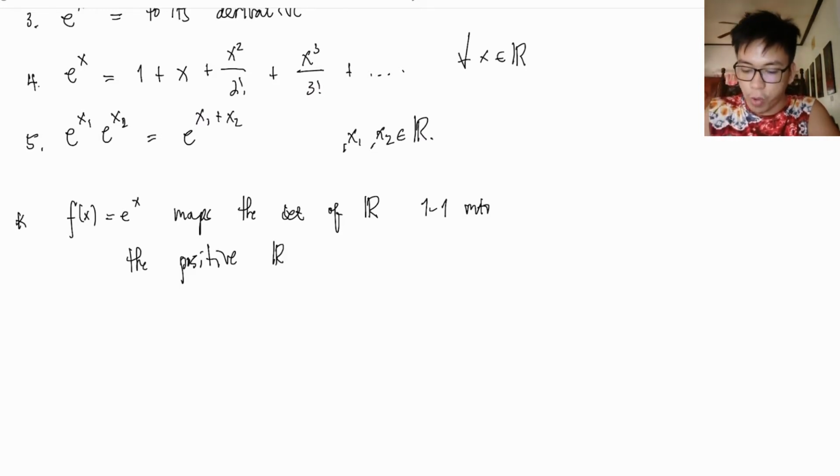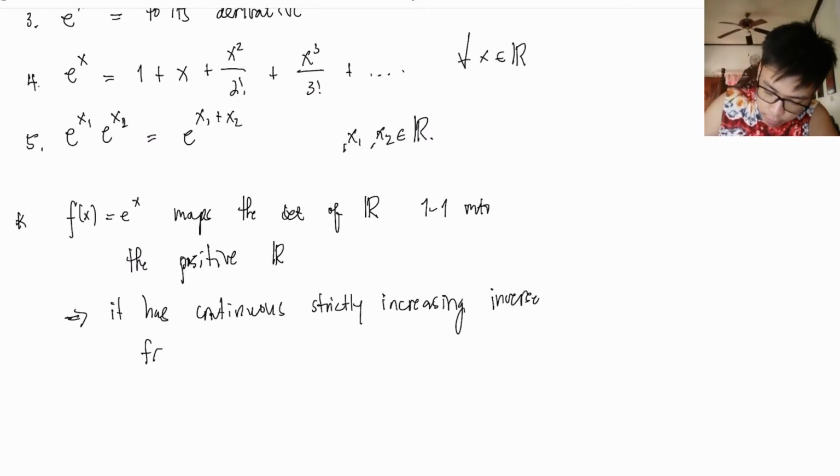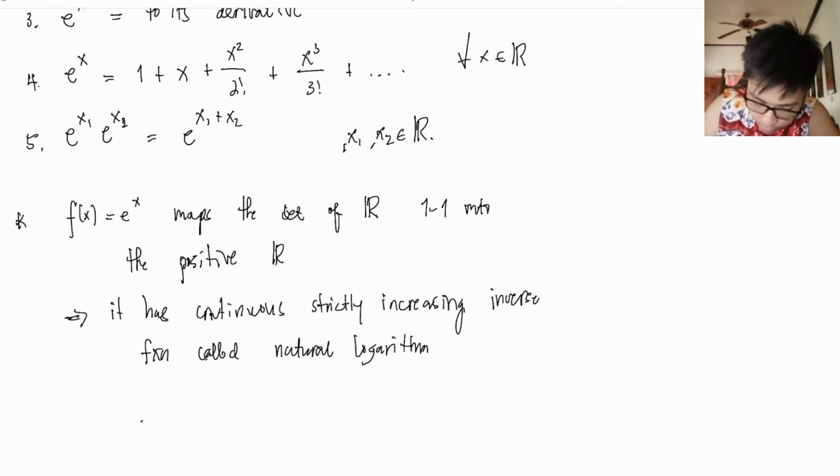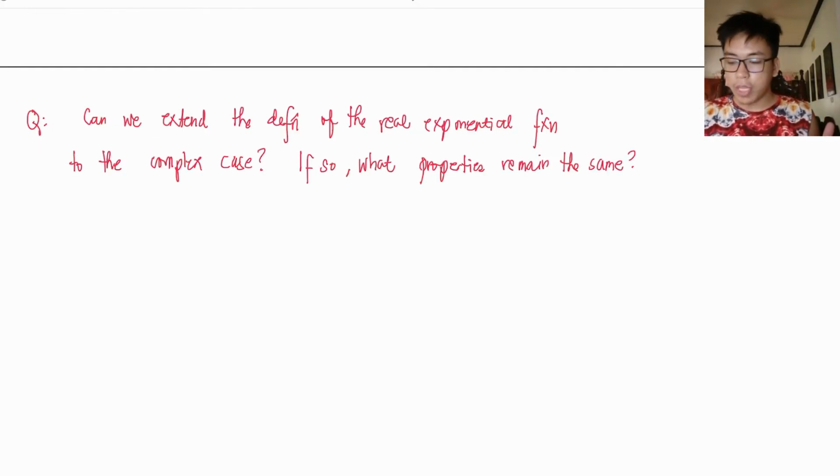If this is a one-to-one onto mapping from R to the positive R, then it has a continuous, strictly increasing inverse function called the natural logarithm, ln, mapping from R plus to R, defined by x equals ln of y if and only if y equals e to the x. That's it.